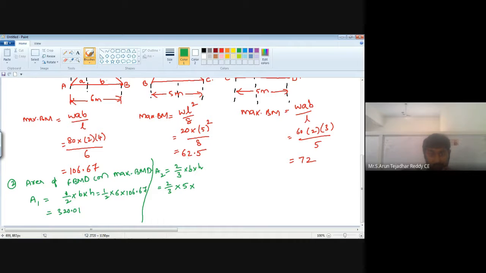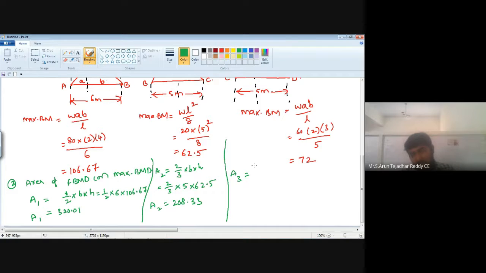We got the value of WL square by 8, that is 62.5. Then what is A2 here? 208.33.